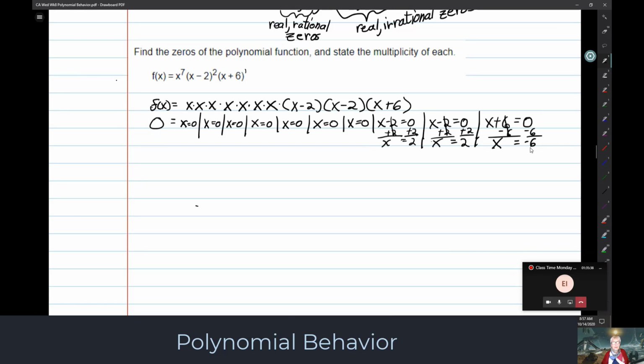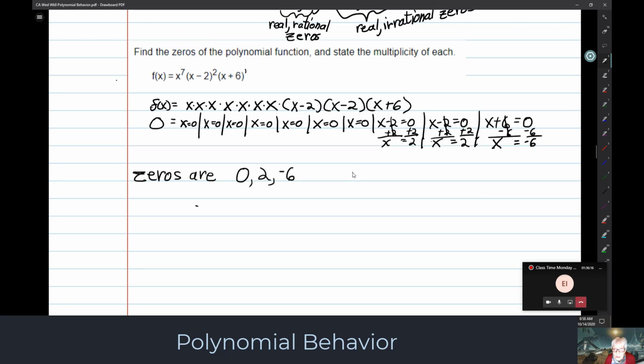There are 3 individual zeros to this problem. The zeros are, I better write that. The zeros are the number 0, the number 2, and the number -6. Again, you don't have to write them in order, although it would be really easy to do that.